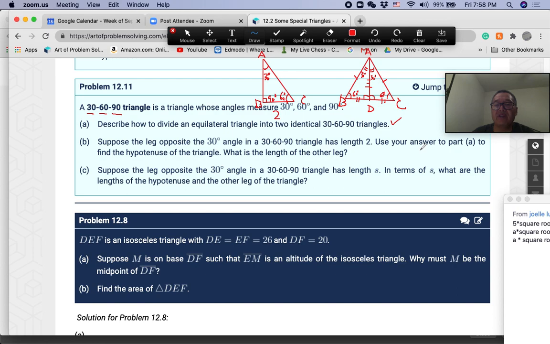Use your answer to part A to find the hypotenuse of the triangle. So if BC equals 2, they ask you how long is AC.